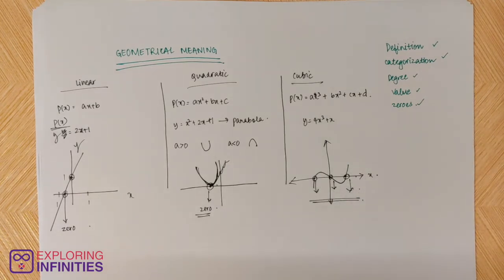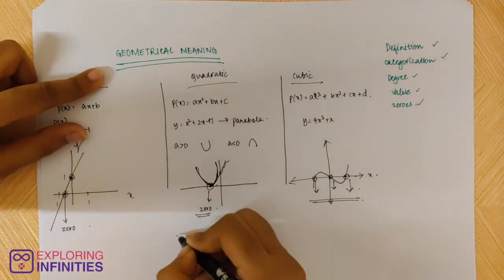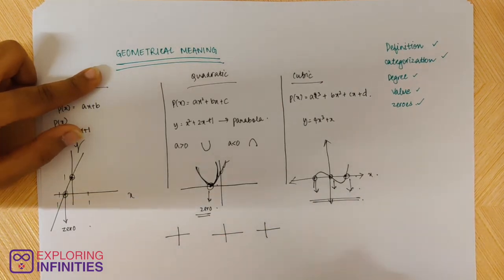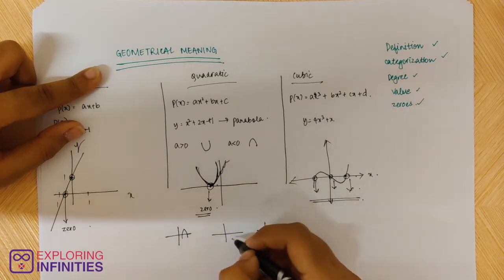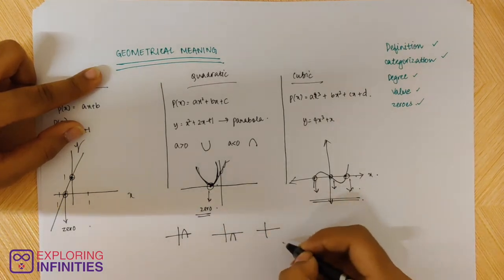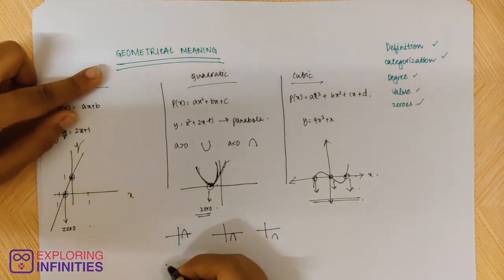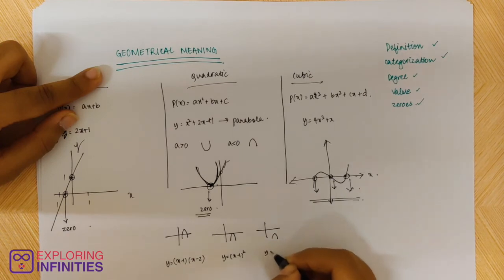Okay, so let's study a little bit more about quadratics. So these are 3 mini graphs. A polynomial can be like this, or like this, or like this, right? So you can write this as y is equal to x minus 1 into x minus 2, or this is y is x minus 1 whole square, or this is y is equal to x minus 1 whole square plus 1.